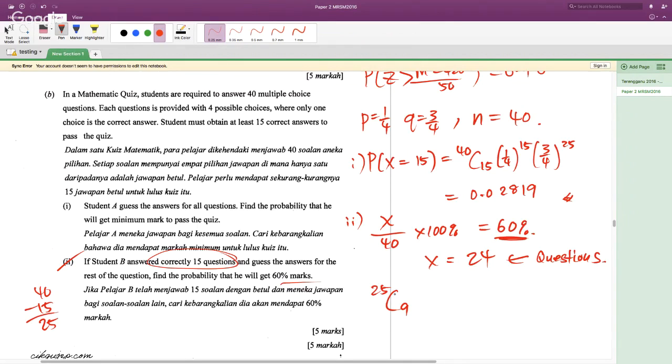Among the 25 questions, you have to get another 9 correct. So 25 C9 multiplied by 1 over 4 to the power of 9 multiplied by 3 over 4 to the power of 16. I hope I don't make any mistake here.